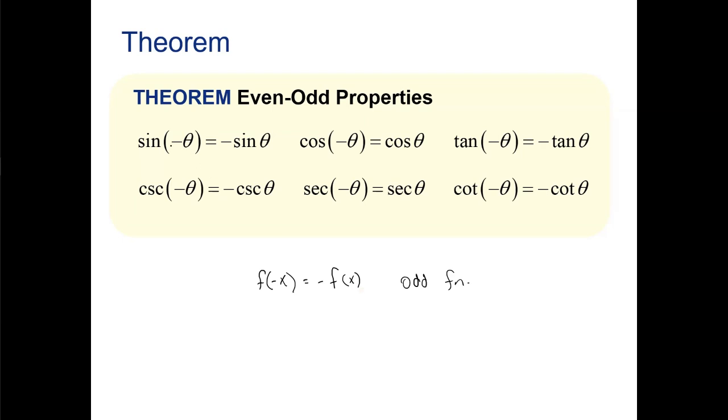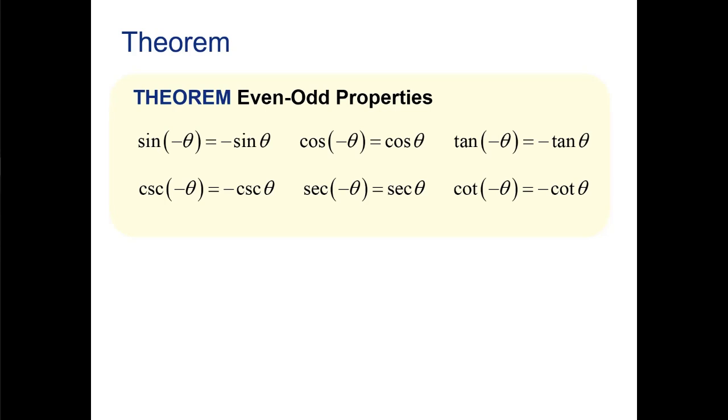We see that behavior in the sine, the cosecant, the tangent, and the cotangent. But if f of negative x always evaluates to the same as f of x, then we call that an even function. And we see that behavior with the cosine and its partner inverse, the secant.